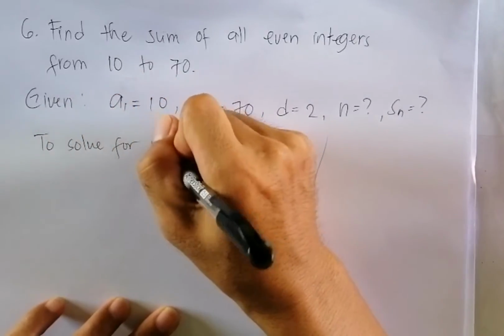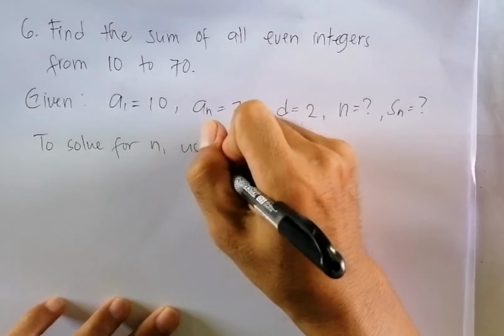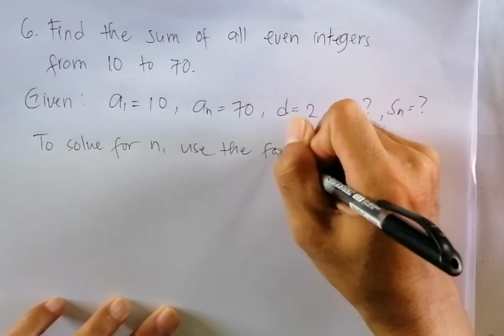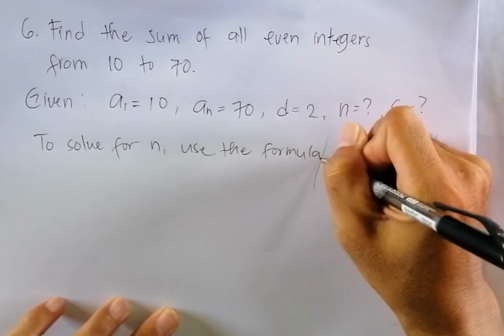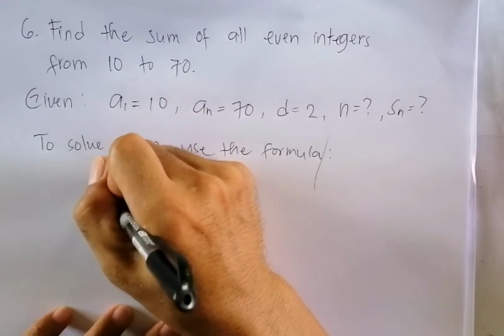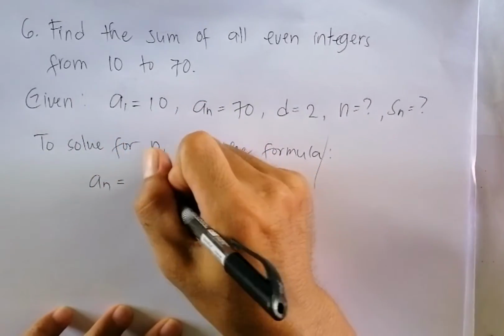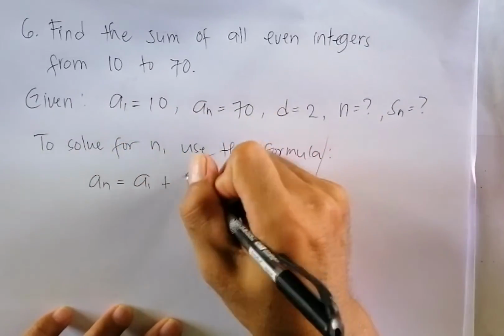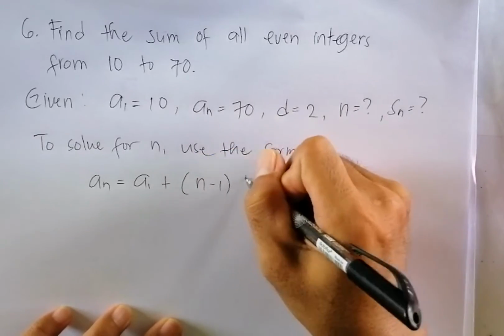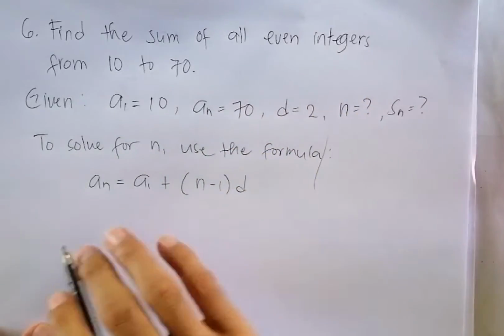To solve for n, use the formula of a sub n is equal to a sub 1 plus the quantity of n minus 1 times the common difference.